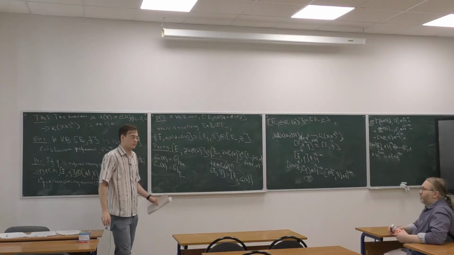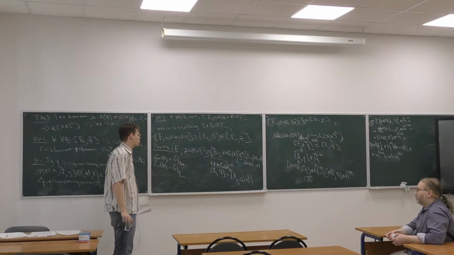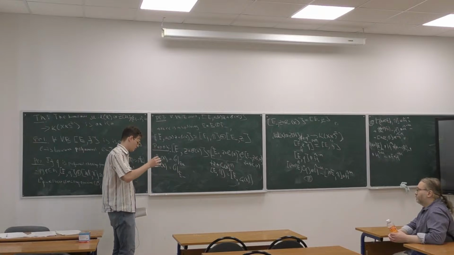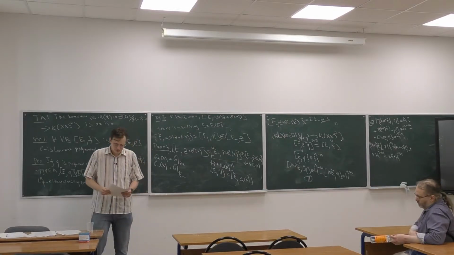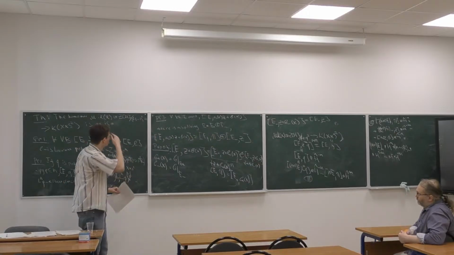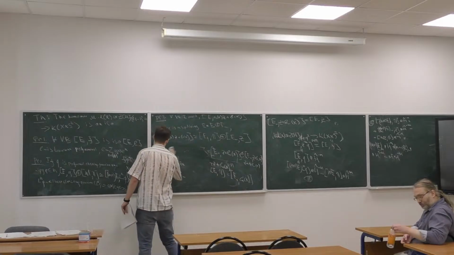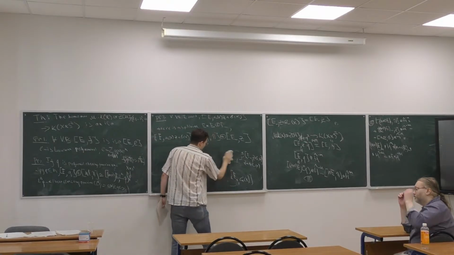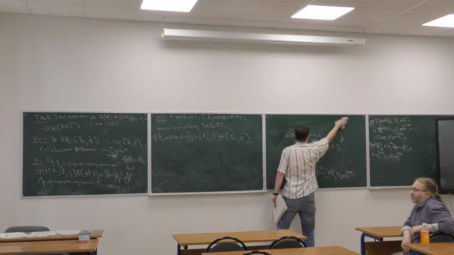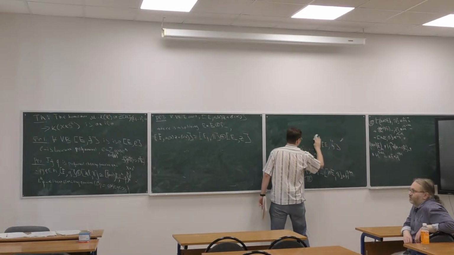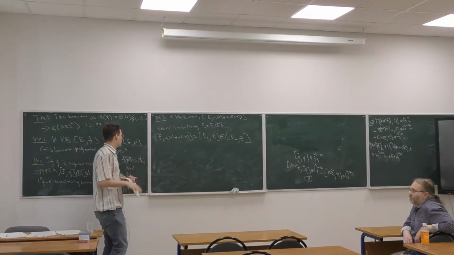To prove mu is injective, we shall construct a map nu, such that the composition nu and mu equals 1. For constructing nu, we need some formulas.